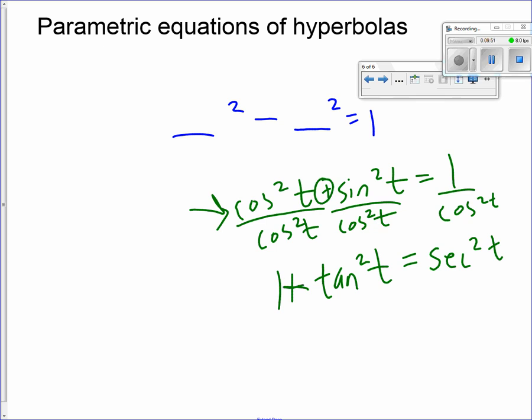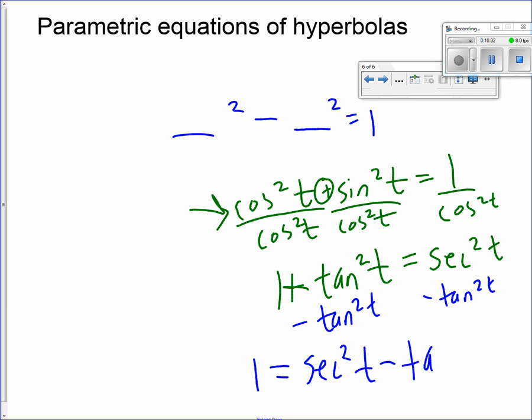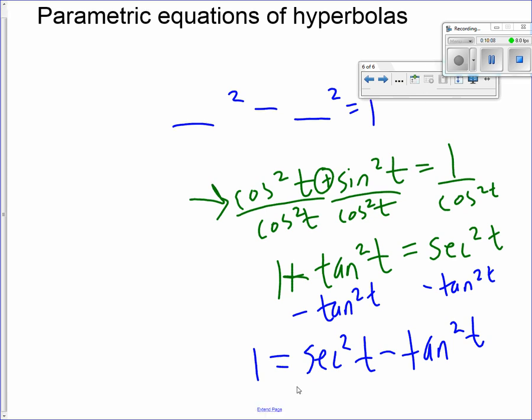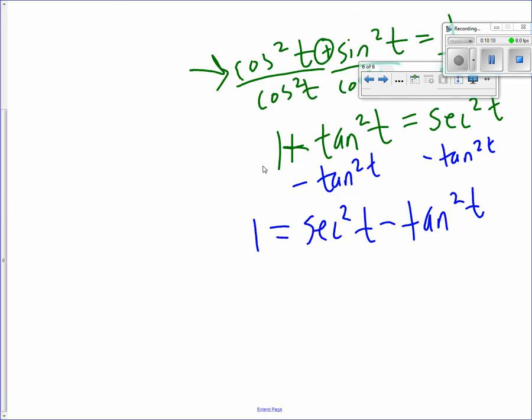Okay, so I want this to equal 1, so what I need to do is I need to subtract tangent squared from both sides. So 1 equals secant squared minus tangent squared. And then that's what you would use to relate it to the equation of a hyperbola. So we're going to stop there, go ahead and draw your line, and we're going to do a lot of practice of this in class.